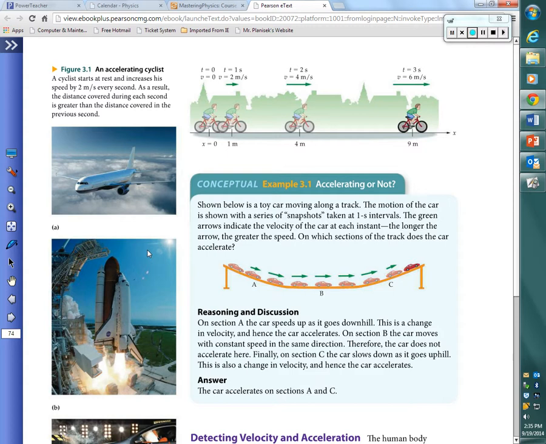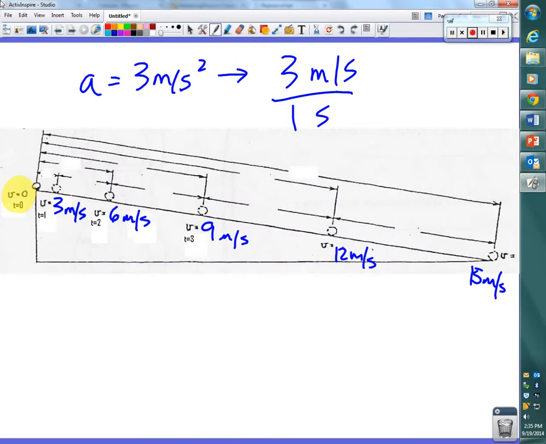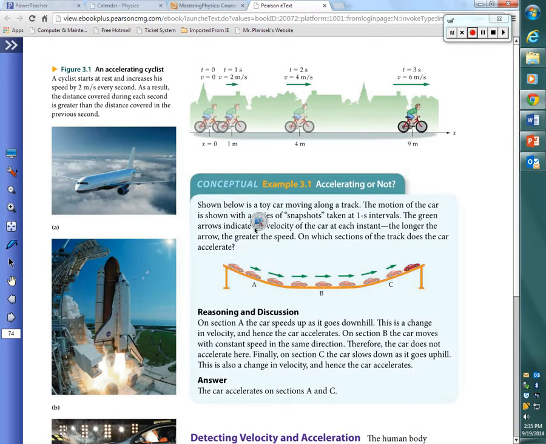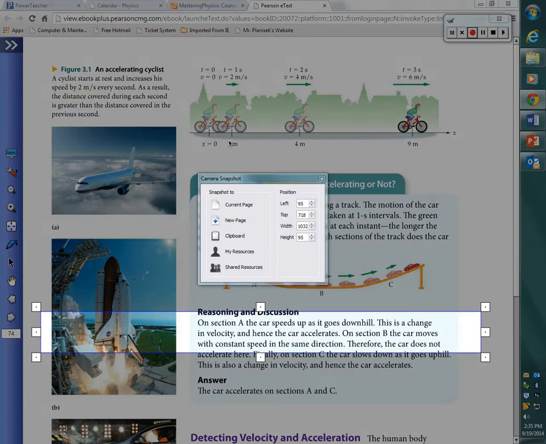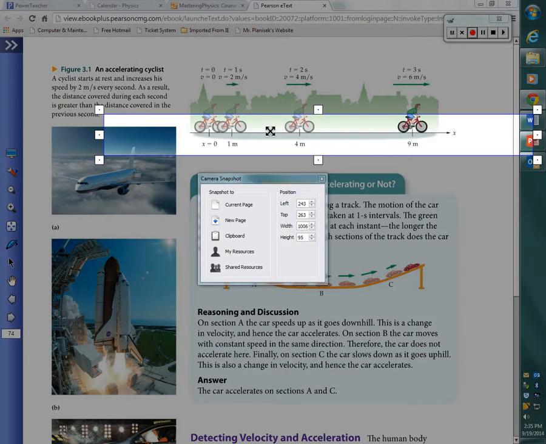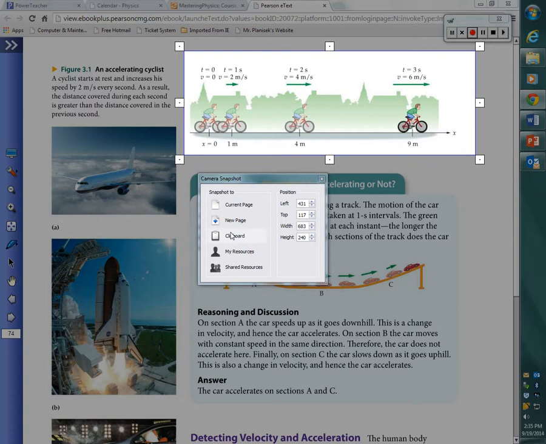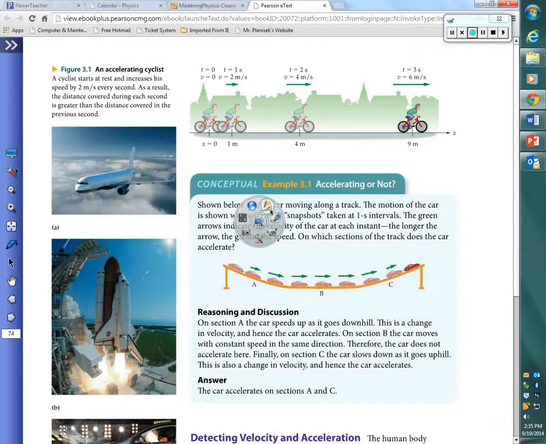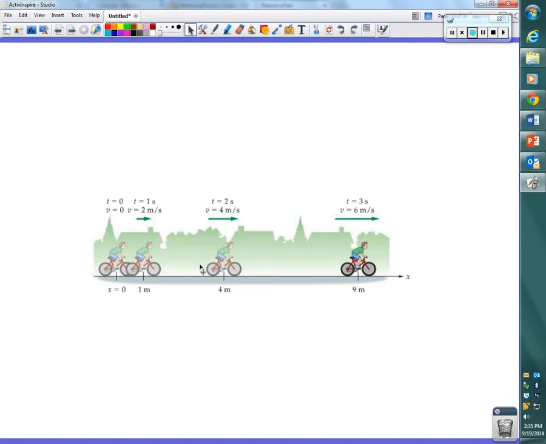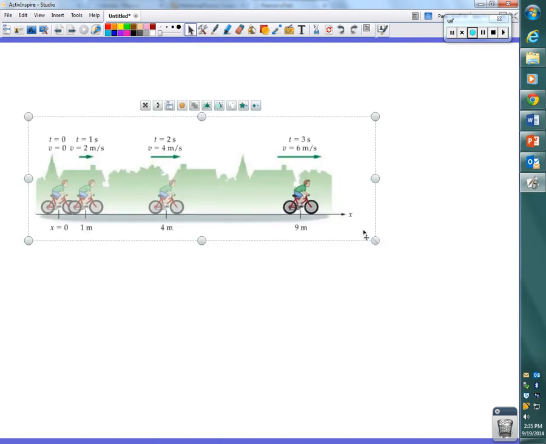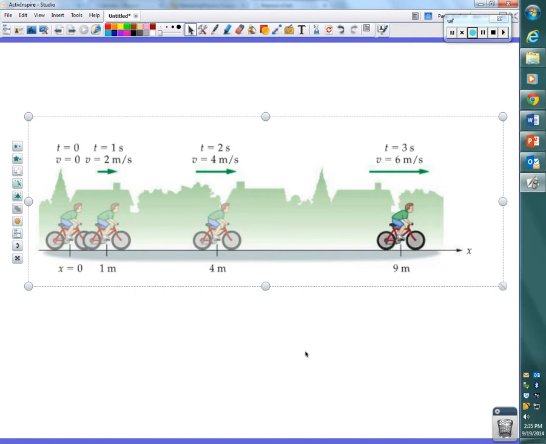So you know what? I'm going to use this picture of the guy on the bicycle instead of the picture of the ball rolling down the ramp. So look at me adjusting on the fly like that. So here's this guy on his bike.